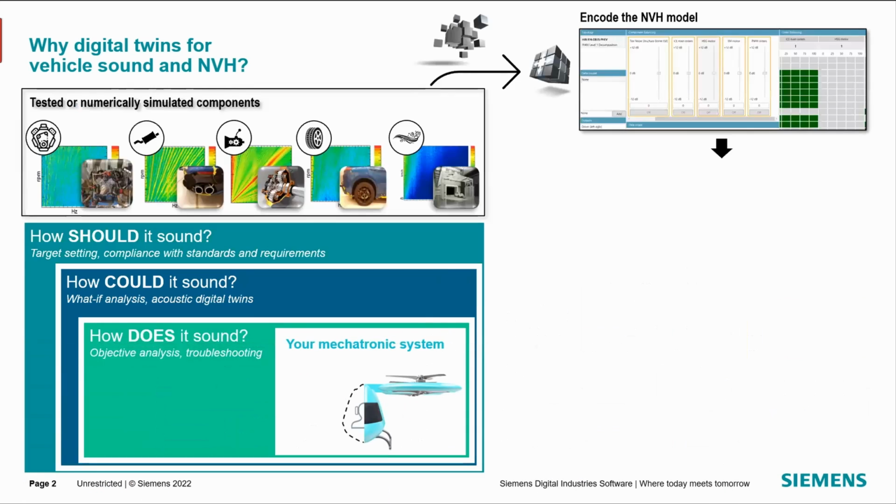So what we really need is a technology that enables us to take the vehicle sound and distribute it into components that are the main contributors to the full vehicle sound, both in the interior and in the exterior. And I will focus on the interior sound of cars in this case. What I'm going to talk about is a technology that takes these sound features and encodes them into an executable digital version of this vehicle sound.